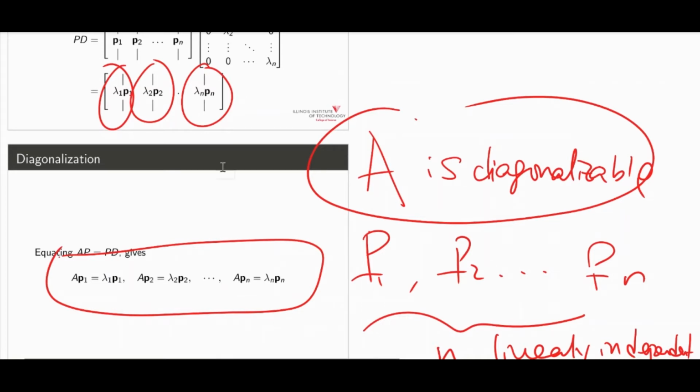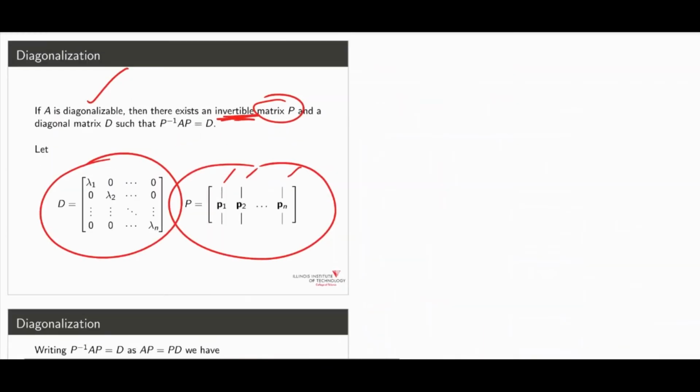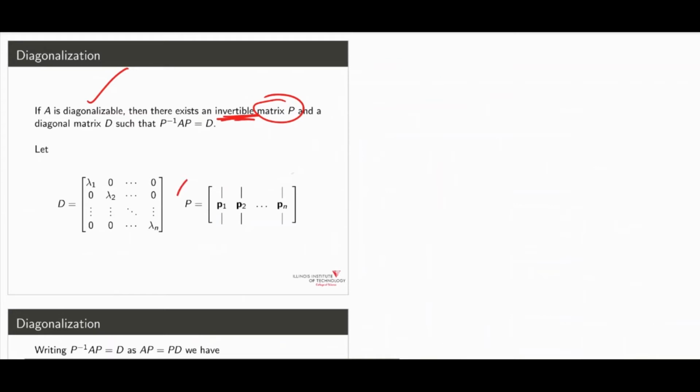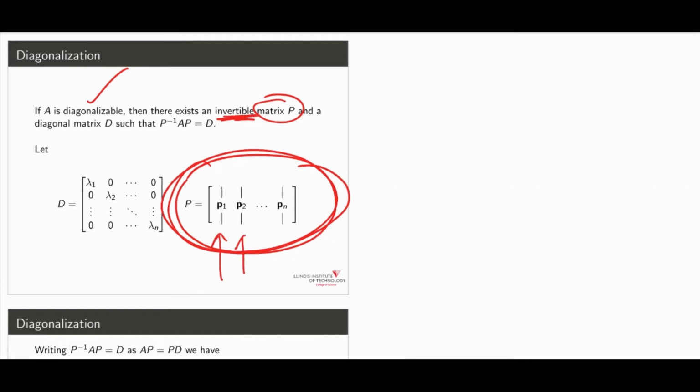Well, this is because your matrix P that is constructed like this is invertible. Think about it. If your matrix P, which is constructed like this, is invertible, then all the column vectors here have to be independent. They all have to be linearly independent. I hope you can see why.